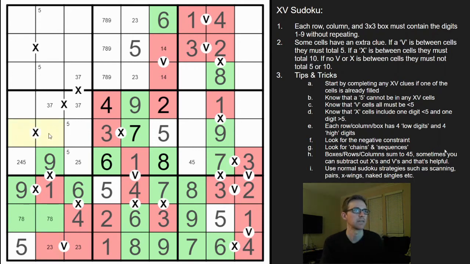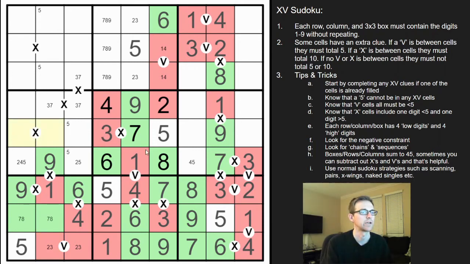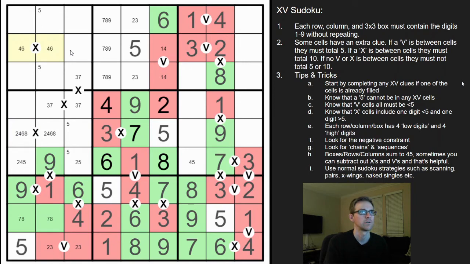Let's look at this. This can't be a 3-7 or a 1-9, so that's either going to be 4-6 or 2-8. Not sure how helpful that is. This here has got to be a 4-6 or 1-9. It can't be a 1-9 because there are already 9s in both of those columns, so it's got to be a 4-6, making this a 1. That's a 4.